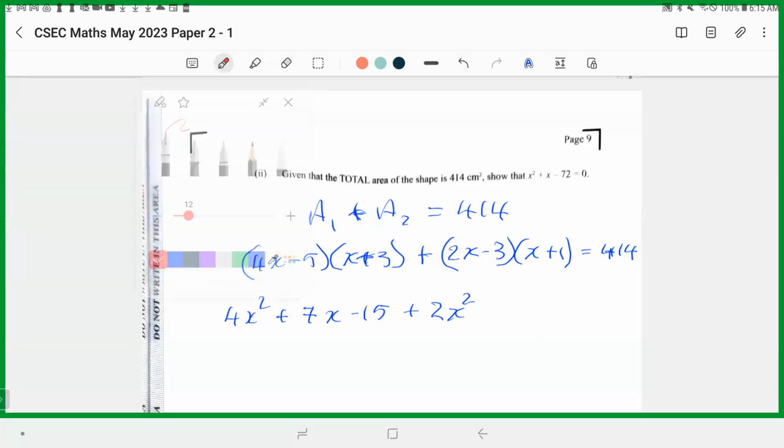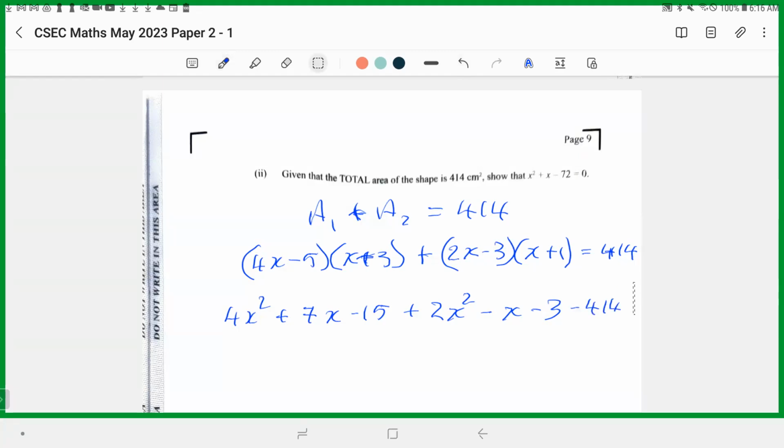I'm going to put minus x on my middle term here. And then the third value in this expansion is negative 3 times 1 is negative 3. And that is equal to 414. But because this has a 0 here, I can transpose the 414 and make it minus 414.